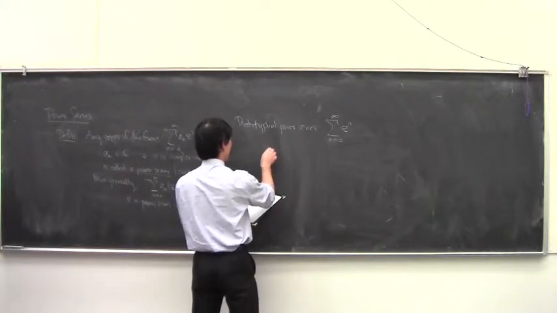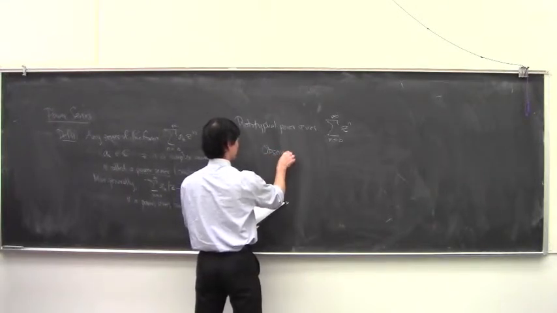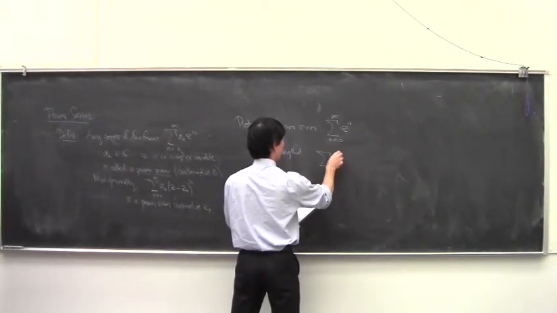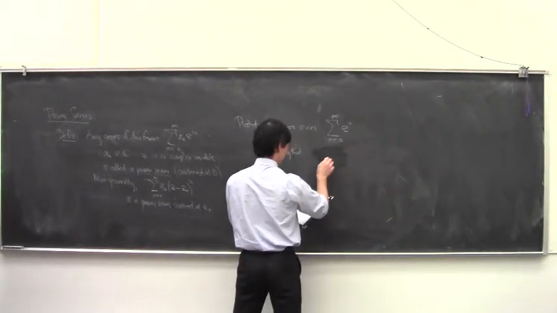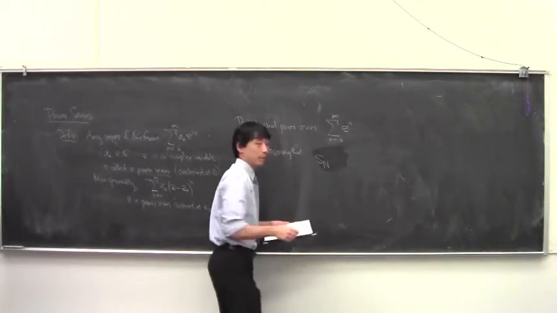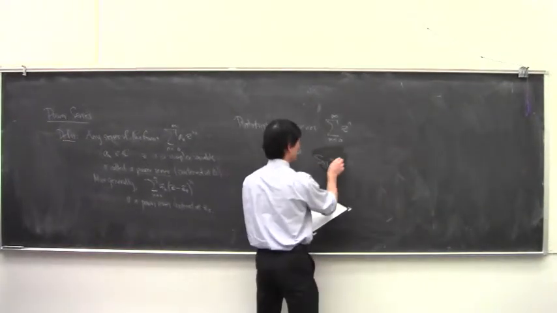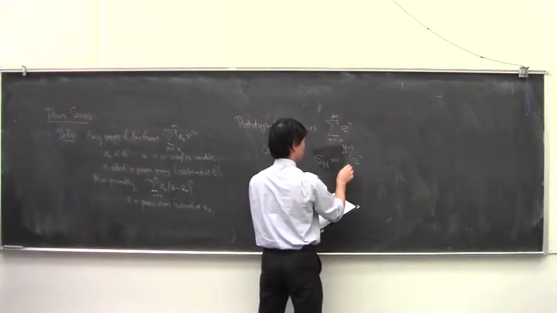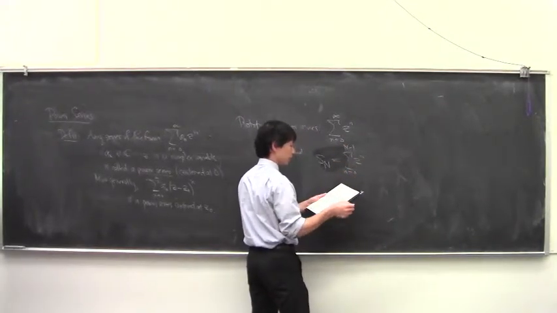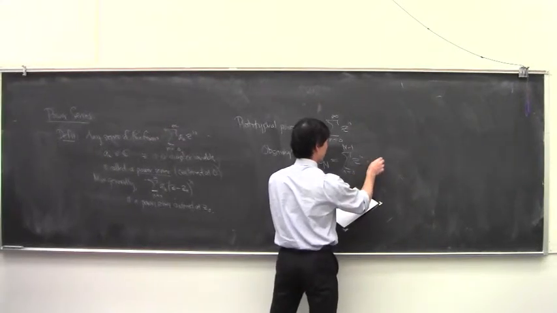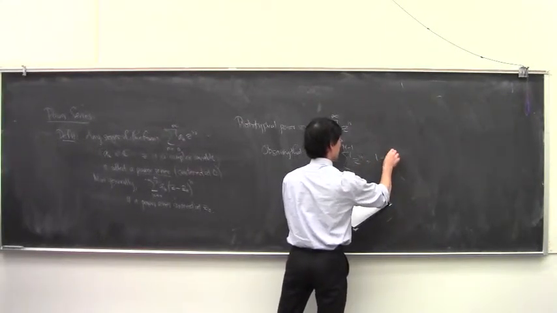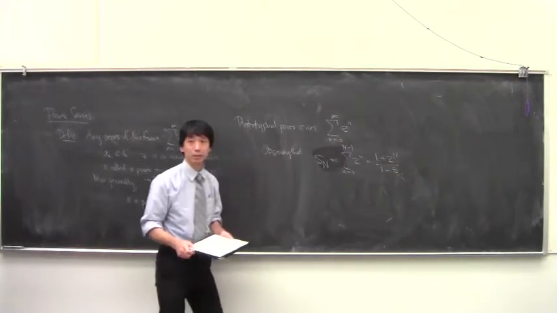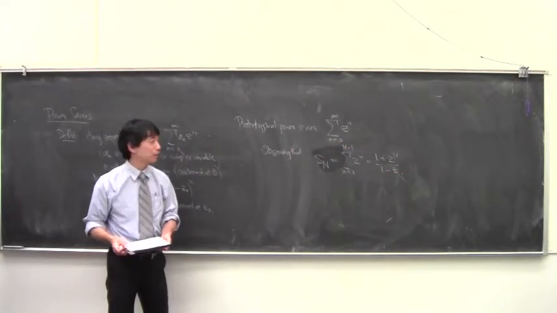If you take the nth partial sum, the sum from n equals 0 to capital N minus 1, I'm sure you've seen this trick before, you can determine the sum. It turns out to be 1 minus z to the n over 1 minus z.